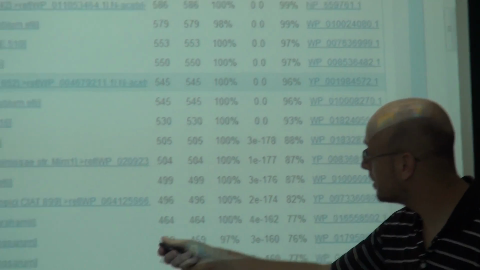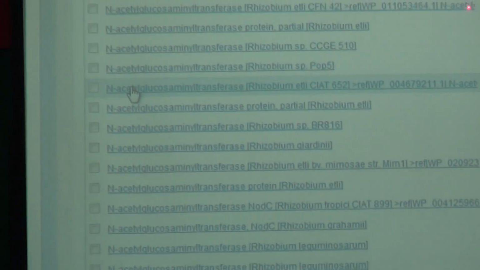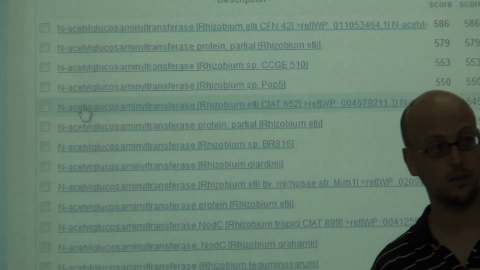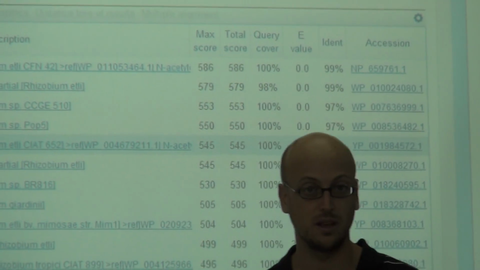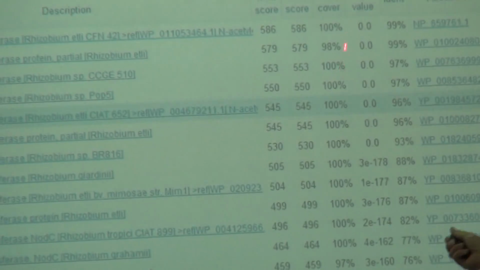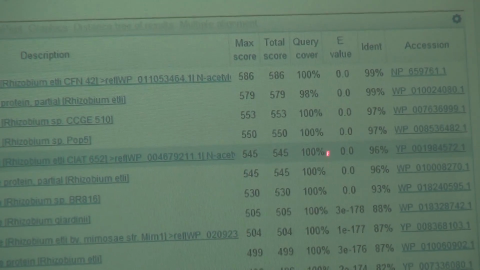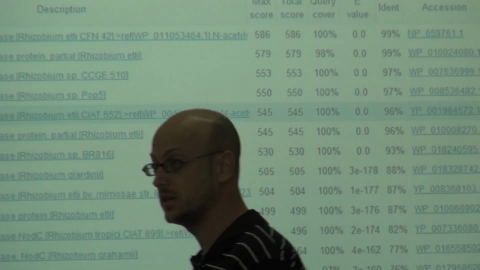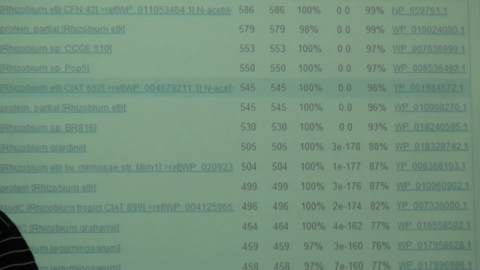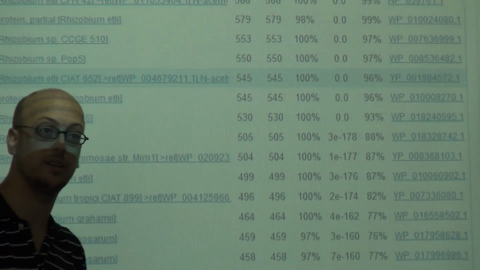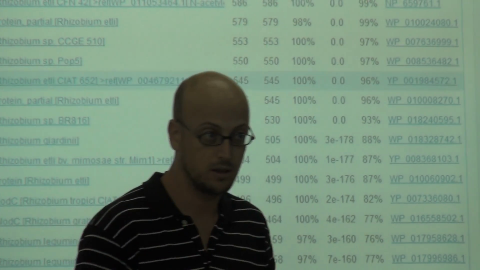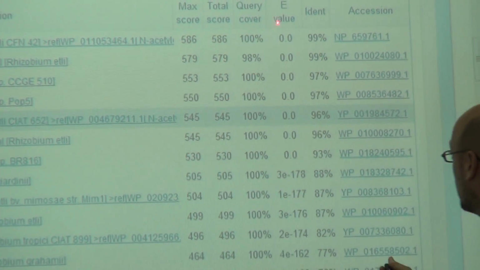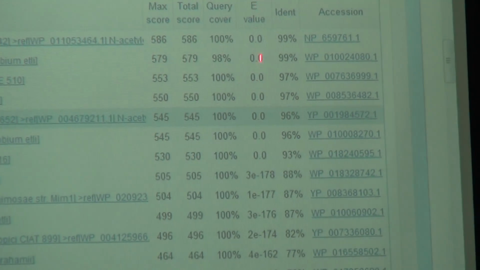If the similarity between this sequence and our sequence is just luck, just random, just chance, then the e-value will be very high. But if it's not by chance, if there is a reason, if the similarity between the query and the hit is real, it's not just luck, then the e-value will be very low.